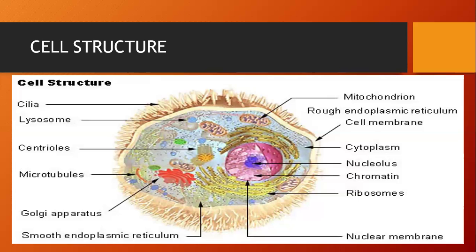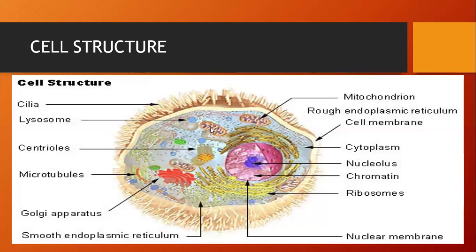It helps to hold all the other organelles such as the lysosomes, as you can see on the diagram, centrioles, the microtubules, the Golgi apparatus, the endoplasmic reticulum, ribosomes, chromatin, and the rest. So this cytoplasm helps to hold together all these organelles in its position in that particular cell. Okay, so that is just the function of this cytoplasm.